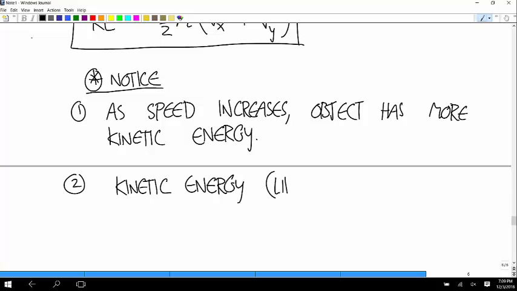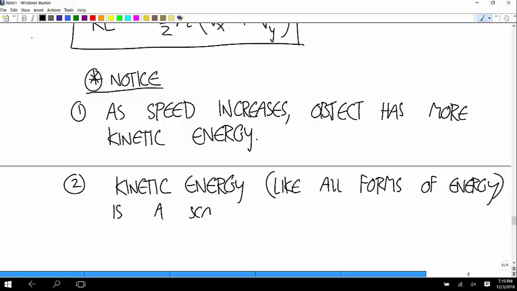And this is like every other form of energy, like all forms of energy, is a scalar, not a vector. So energy doesn't have any direction.